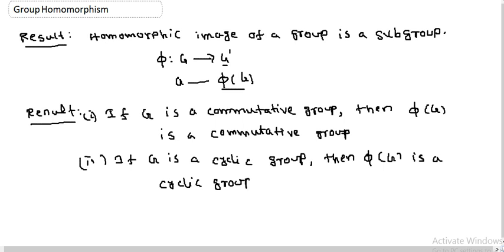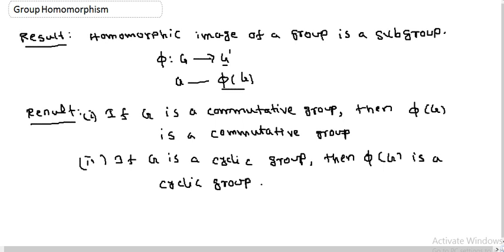So please listen very carefully. The homomorphic image of a commutative group is commutative. The homomorphic image of a cyclic group is cyclic. Okay, remember that part.